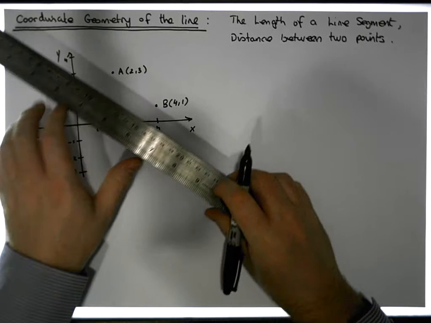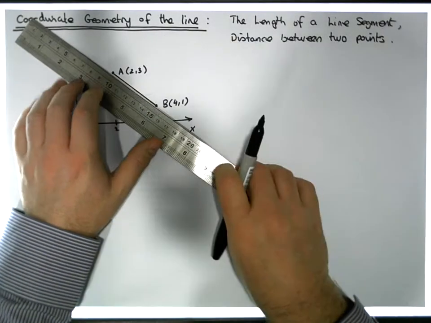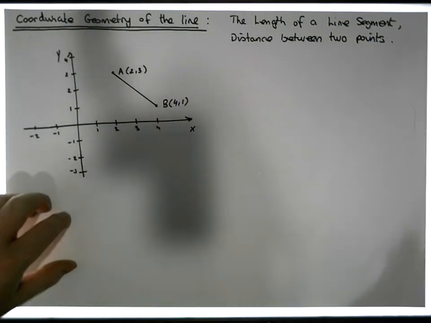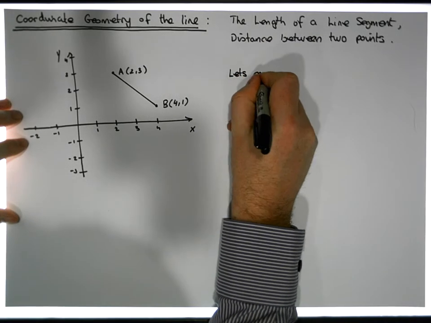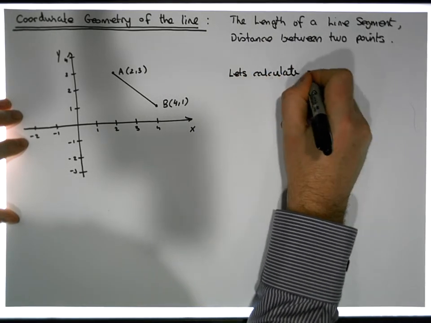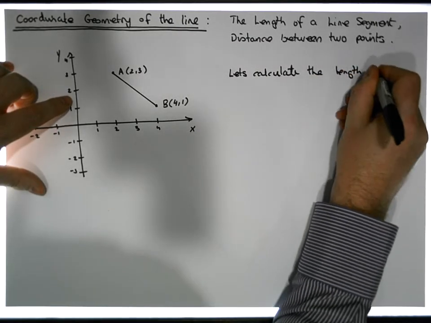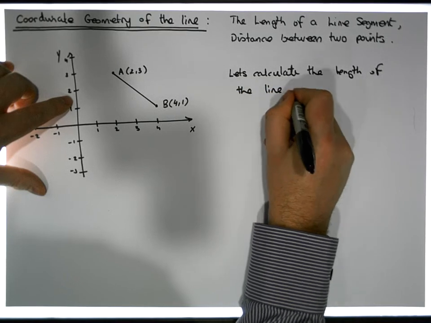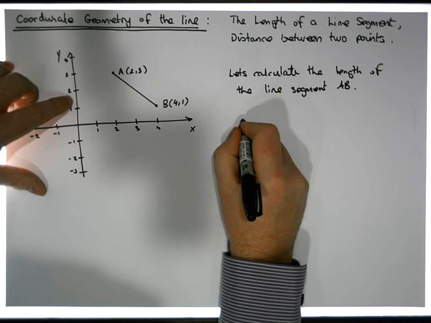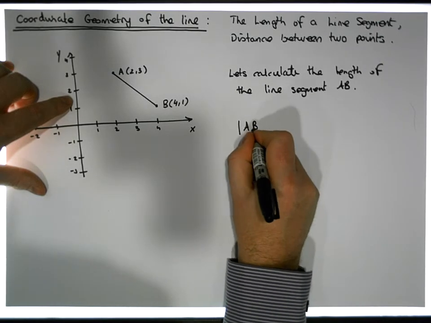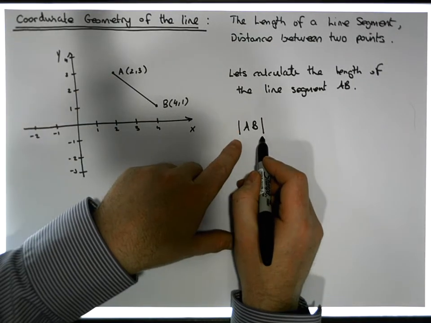We'd like to calculate the length of this particular line segment, which is the segment of the line that goes through A and B. The way we symbolize that is we want to calculate the length of AB, with AB representing the line segment and the vertical lines representing that we want the length.